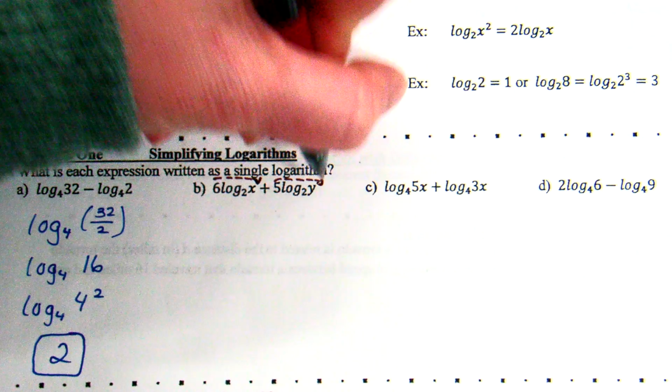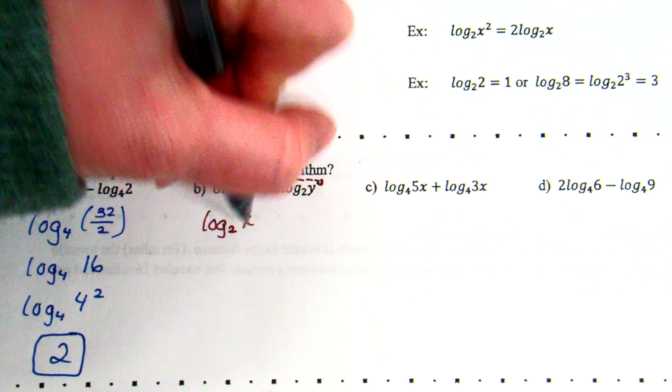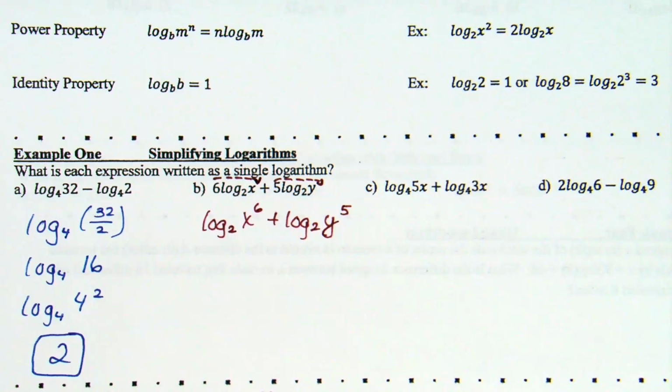So if I use my power property here, log base 2 of x to the 6th plus log base 2 of y to the 5th. So before you go for product or quotient, make sure any numbers that are out front are moved up into the powers. So log of x to the 6th plus log of y to the 5th. Now what do I want to do?